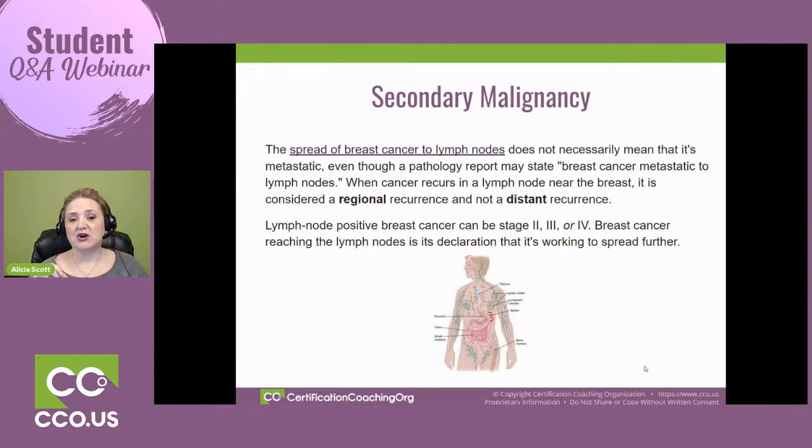All cancers are locationally sited. So knowing the proper verbiage, knowing all of the bones, their names, all of the different body systems and their names at a very high level is going to help you be better at your job. It's going to save you time from looking up information.